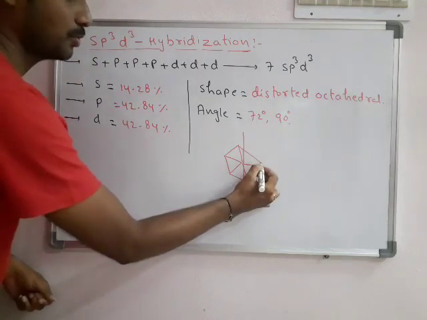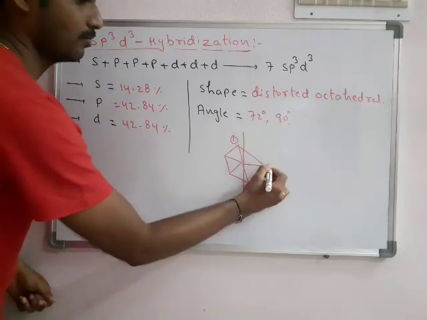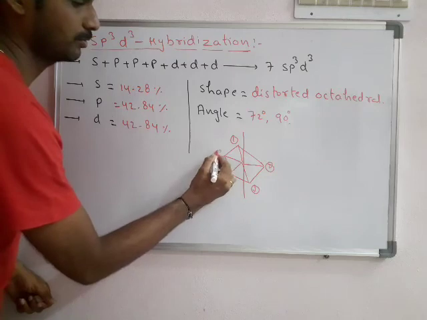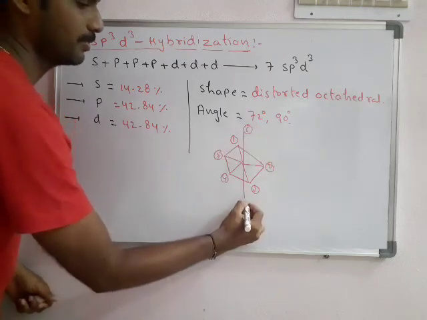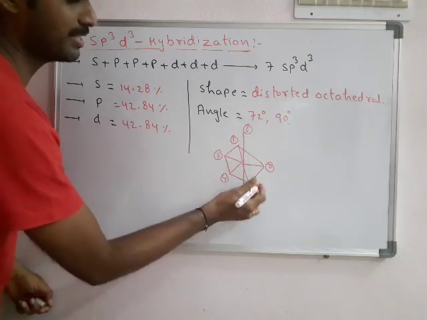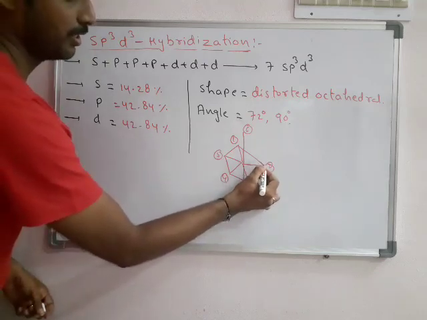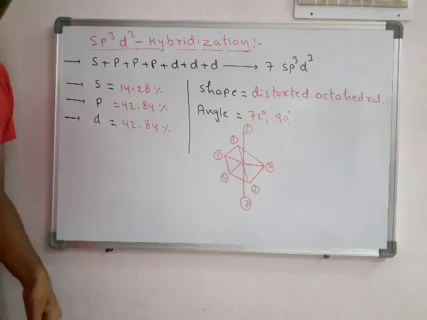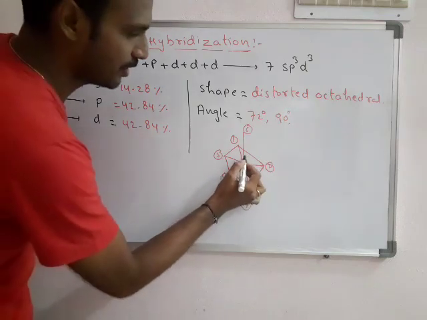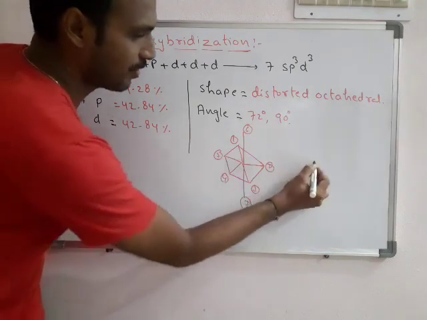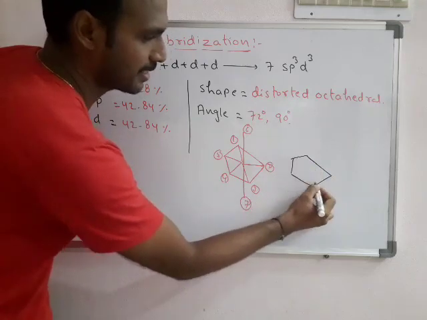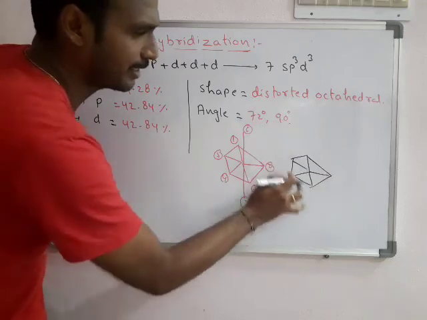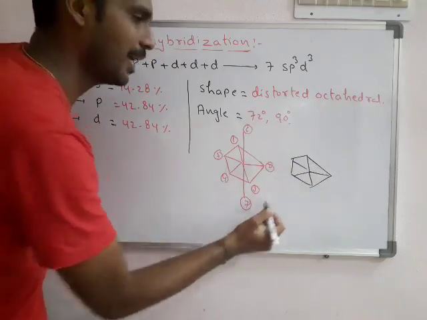That totals 7. Since these 5 are present in one plane, this is treated as a pentagonal bipyramid.